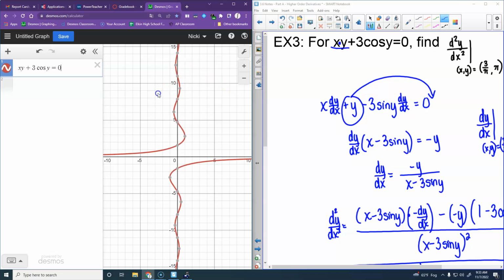Then, our tangent line is at the point. No, we can't check this. We can't check it because we can't do a tangent line.